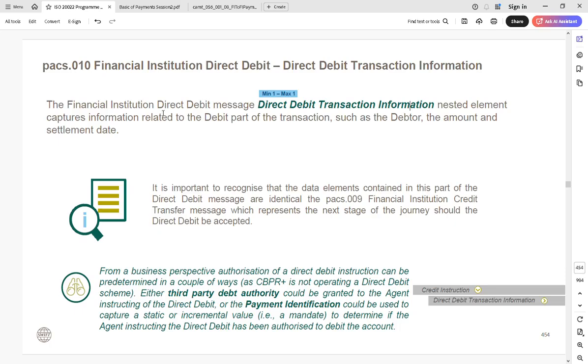The financial institution direct debit message transaction information nested element captures information related to the debit party of a transaction, such as the debtor, the amount and the settlement date. Now this field is there, direct debit transaction information.